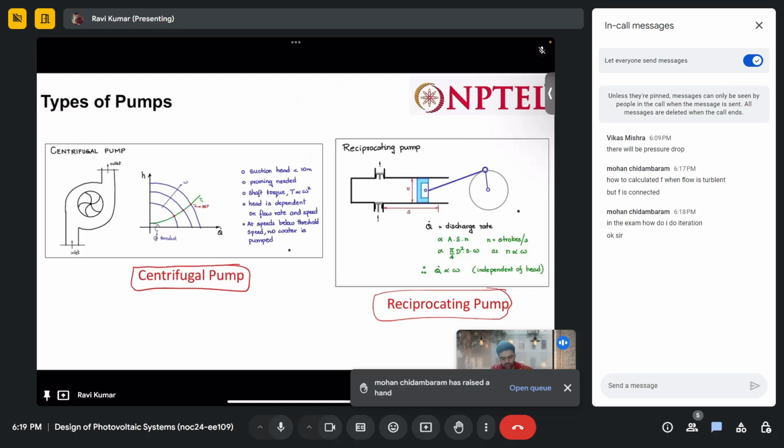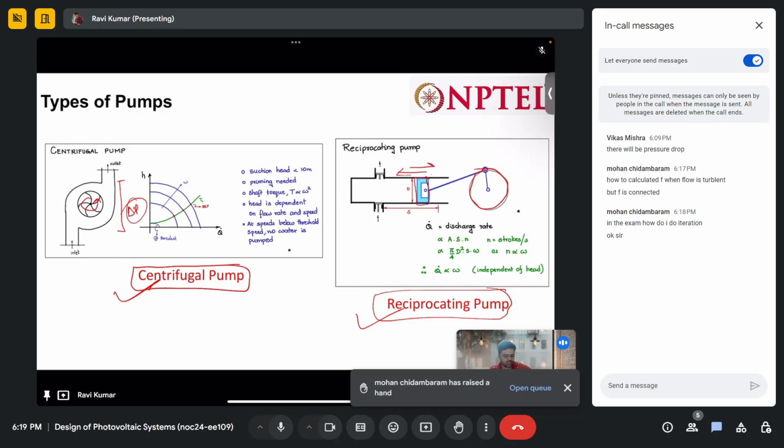Okay, so I was talking about the centrifugal pump and reciprocating pump. In the centrifugal pump, this is the rotation and this is generating a centrifugal force which is making this pressure difference, delta P. In the reciprocating pump, this particular part is rotating like this, due to which this part of the unit is moving forward and backward.